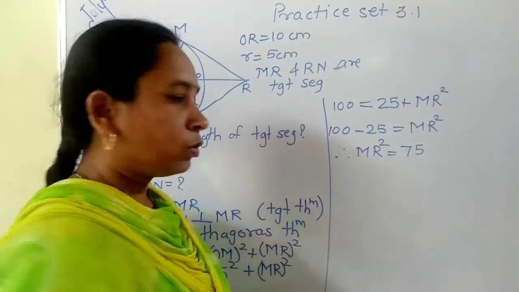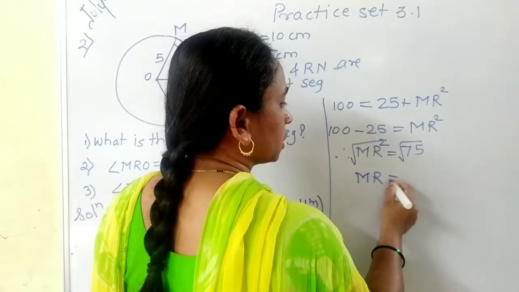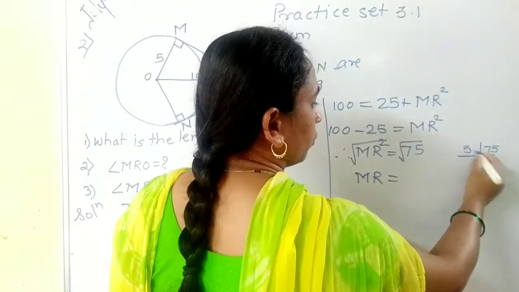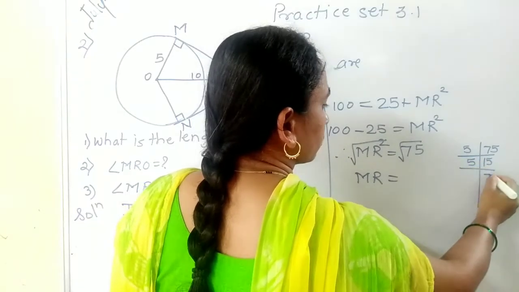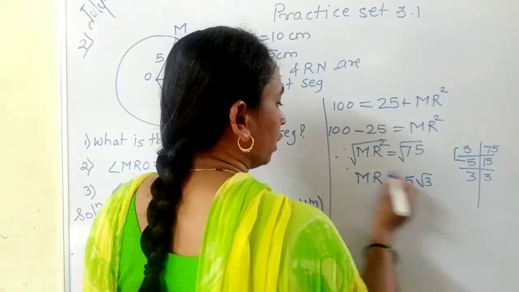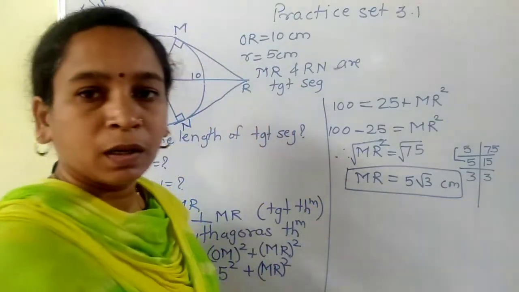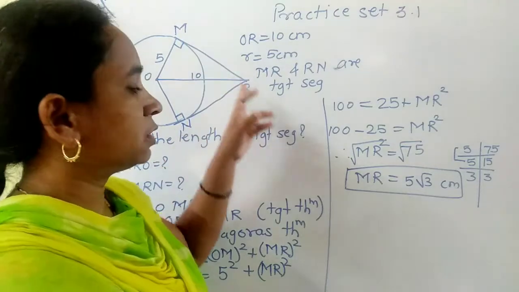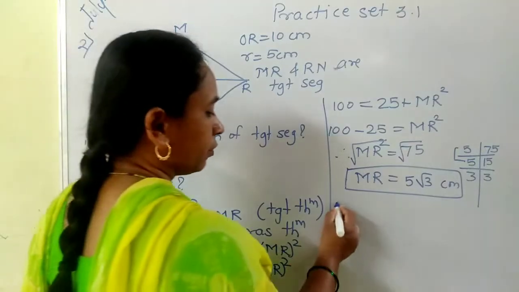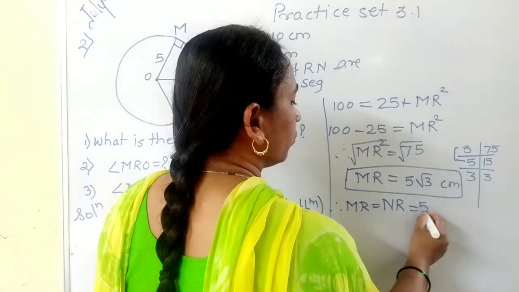If you take the square root on both the sides, we will get MR is equal to root 75. If you find the factors of it, 5 pairs, so 5 root 3 centimeter. So MR would be 5 root 3 centimeter. If one tangent segment MR is 5 root 3, the other tangent segment is also 5 root 3. Therefore, MR is equal to NR is equal to 5 root 3.